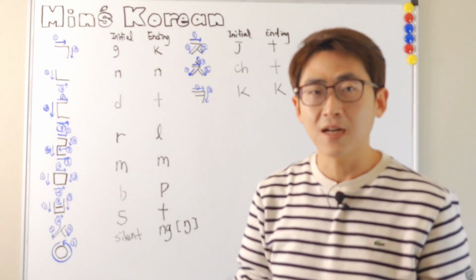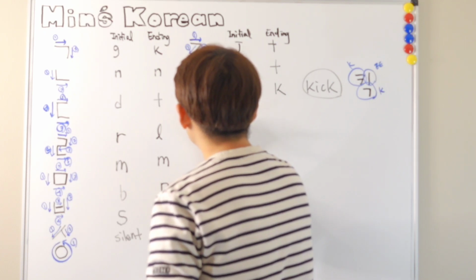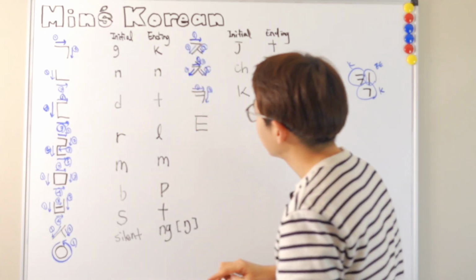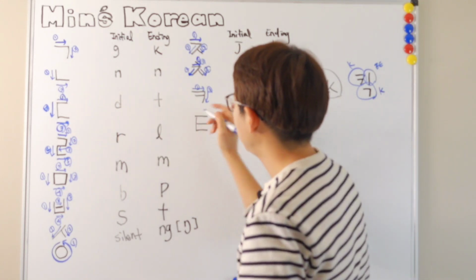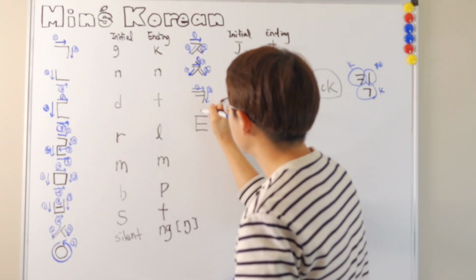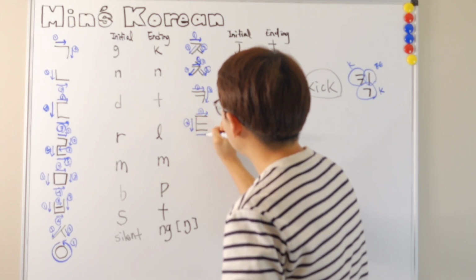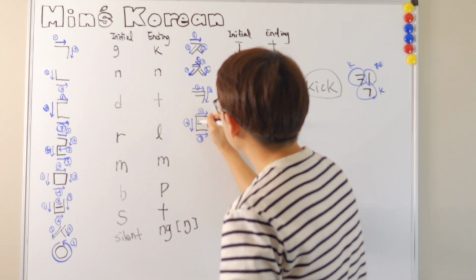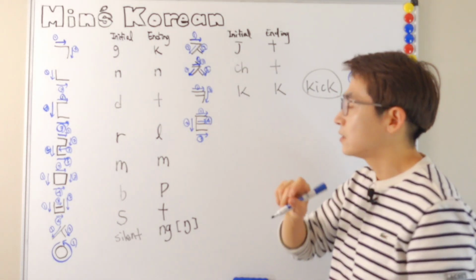Our next consonant is 1, 2, 3, and 4. Okay, and it looks kind of similar to this one, but just an extra stroke. So 1 and 2 and 3 and 4. Always go for the middle one last.